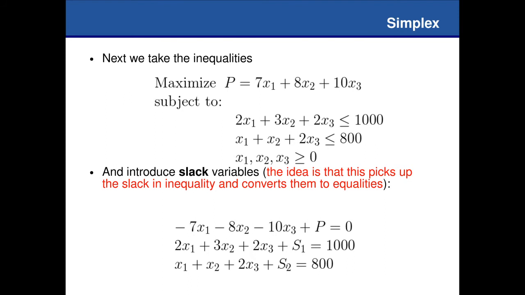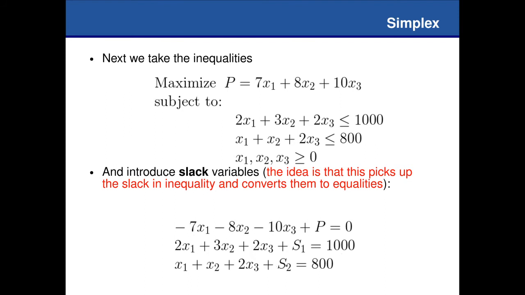So slack variables work exactly like variables to compose our solution and find that particular bound for our constraints. Of course, here we've got 2 constraints, one slack variable per constraint. So we're going to have S1 and S2. If we are smaller than 1,000 and we add something, we're going to be equal to 1,000.